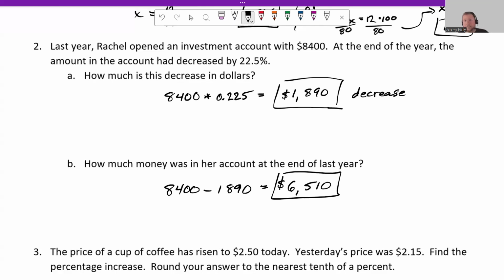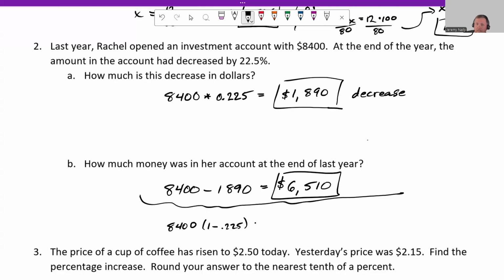So if it says decrease, I expect my final answer in part B to be smaller than 8,400. And there's all kinds of ways that you could have done this. The last part, you could have also just taken, and if we were jumping straight to part B, this is what I would have actually done. And then you would also still get the 6,510.